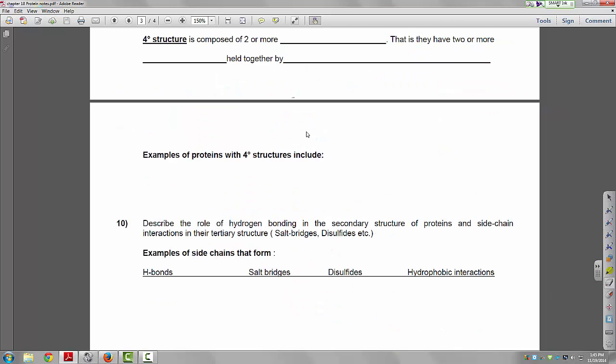All right, quaternary structure. A quaternary structure is found in what we call a complex protein. A complex protein has a quaternary structure and is composed of two or more separate polypeptide chains. That is, they have two or more primary structures.